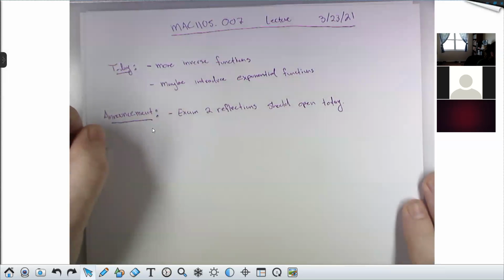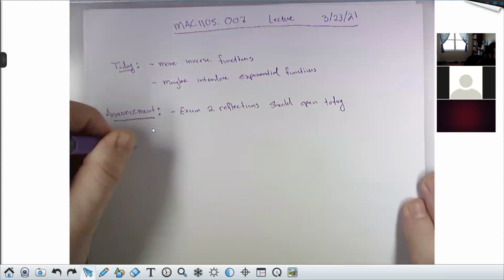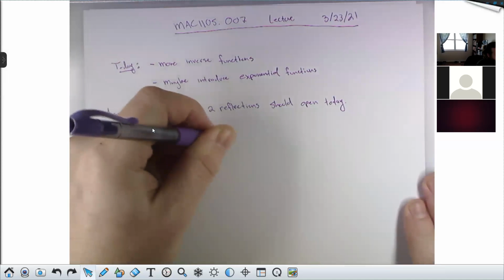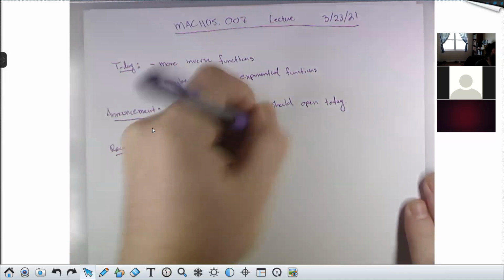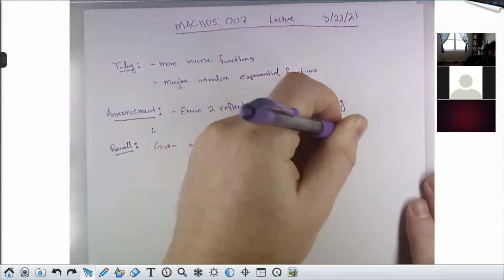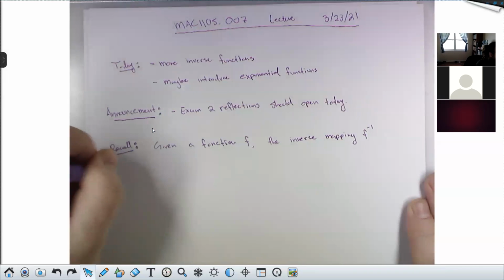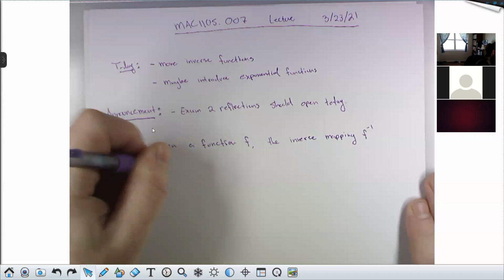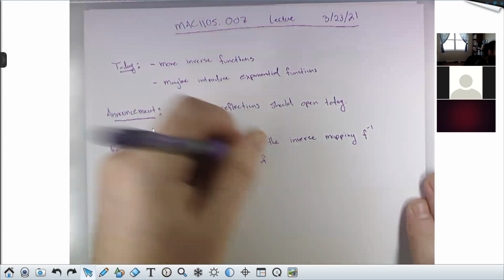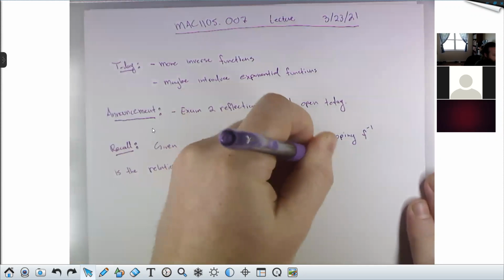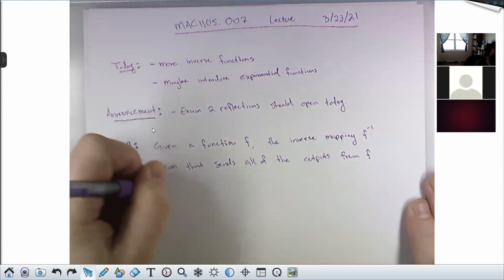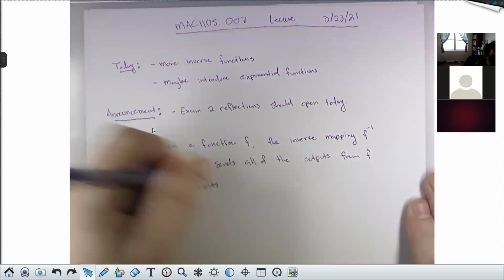So I'm going to say, recall: given a function f, the inverse mapping is the relation that sends all of the outputs from f back to the inputs from which they came.